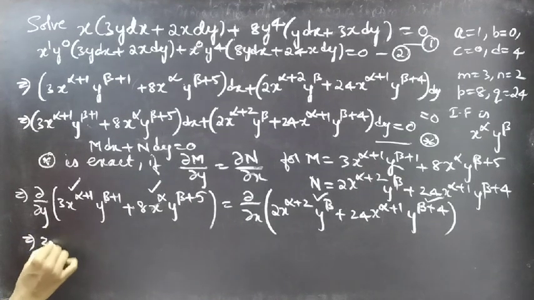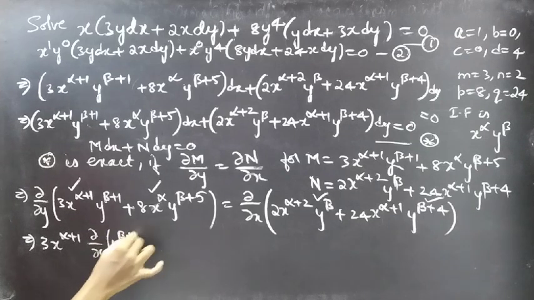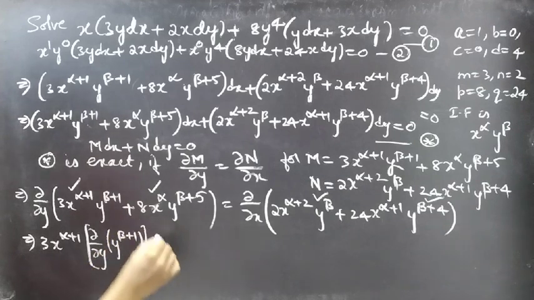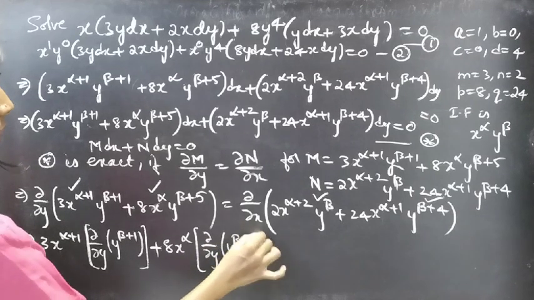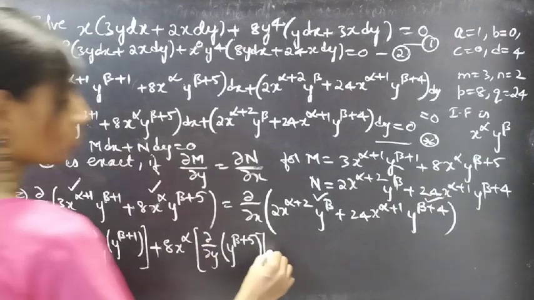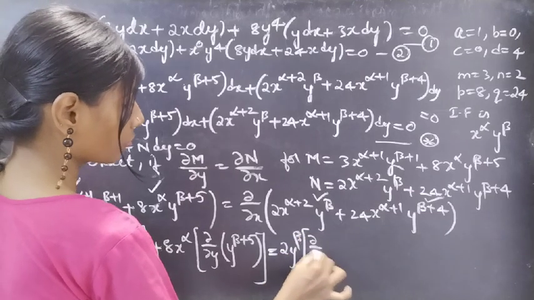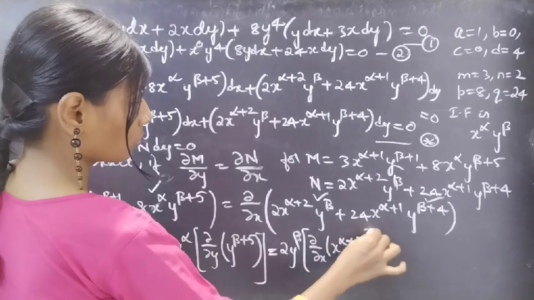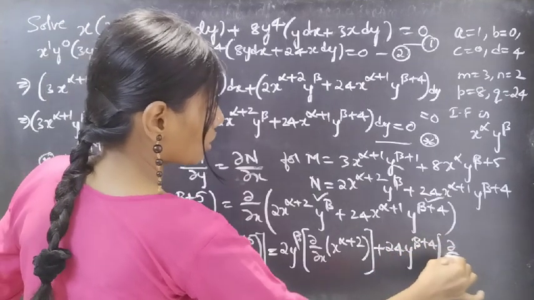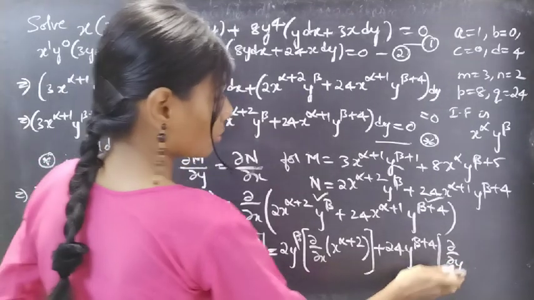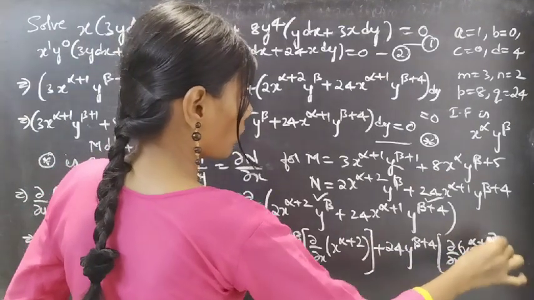Now we can write this as 3x^(α+1) into ∂/∂y of y^(β+1) plus 8x^α into the partial derivative of y^(β+5) with respect to y, equal to 2y^β into the partial derivative of x^(α+2) plus 24y^(β+4) into the partial derivative of x^(α+1) with respect to x.